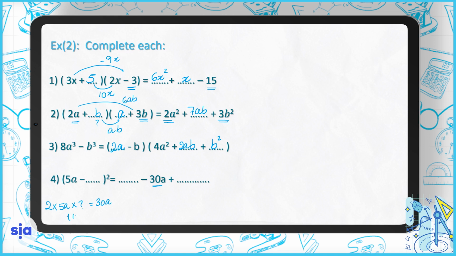So this is 10a times something equals 30a. Then this number is 3. To expand this, here is 25a squared minus 30a plus 9.